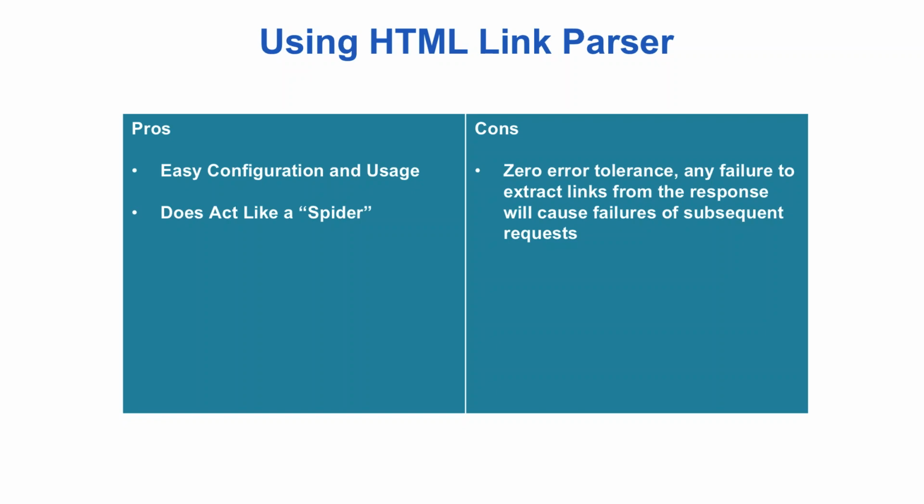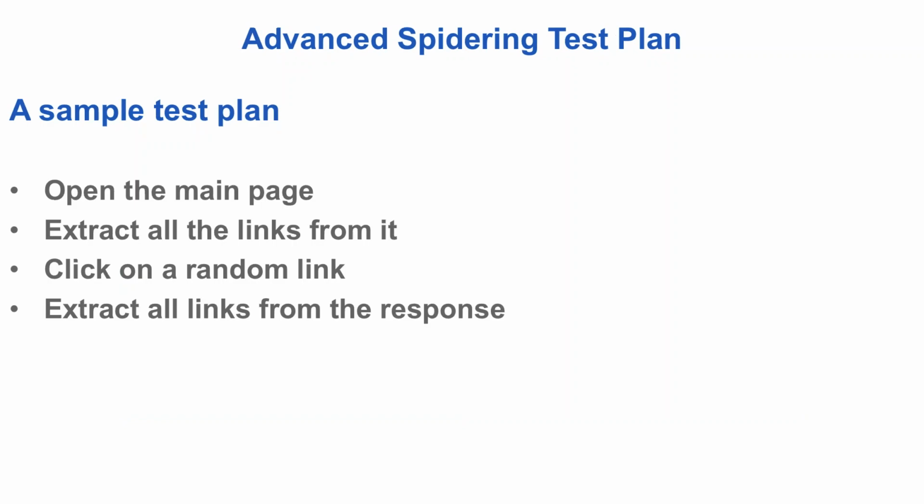So let's look at the third and final method, creating advanced scripting for spidering. Taking into account the limitations of the previous approaches, you might want to come up with a solution that won't break on errors and will be crawling the whole application under test.